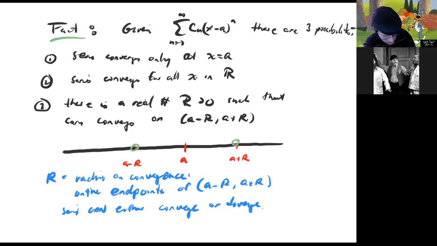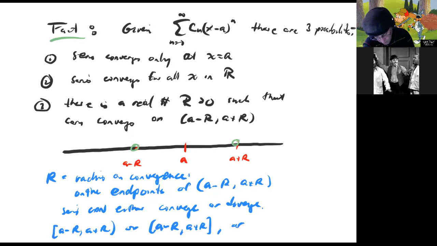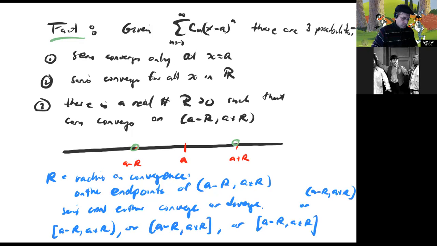In other words, the series can converge on a minus r, half open, a plus r, or on the half open interval a minus r, closed a plus r, or on the closed interval a minus r, a plus r, or on just the open interval a minus r, a plus r. So there are 4 cases really embedded in here. So you have to always check the endpoints. To find the radius of convergence, we usually just use the ratio test.